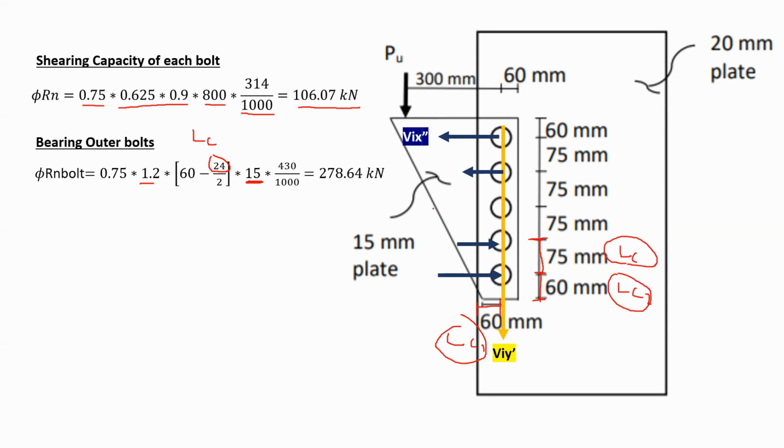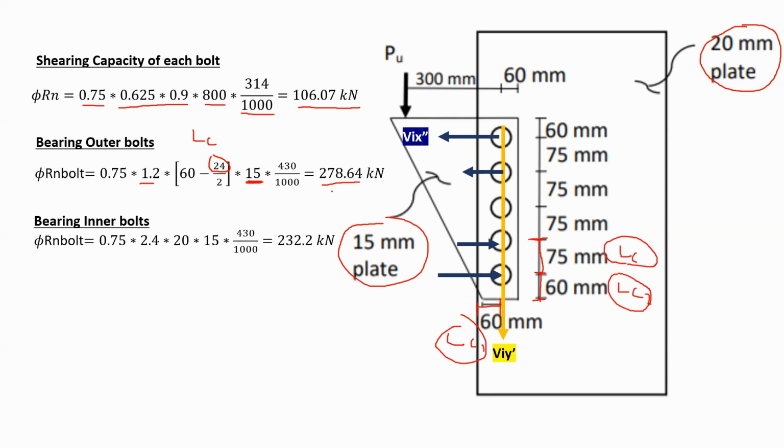Here this plate has a 15 millimeters thickness, and that plate has a 20 millimeters thickness. Which one is more critical? Obviously, the one with 15 millimeters thickness. So that's why I choose this one, and I multiply by F ultimate of that plate, 430. From here, the bearing of outer bolts would be 278.64 kilonewtons.